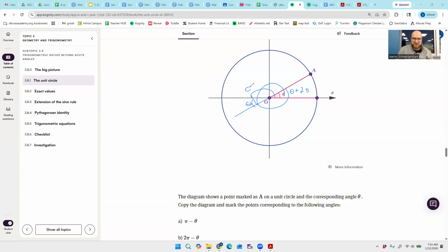Now it's going to go all the way around. Theta plus pi or pi plus theta, doesn't matter. And this allows me to get all angles that have the same reference angle within one or multiple unit circles.